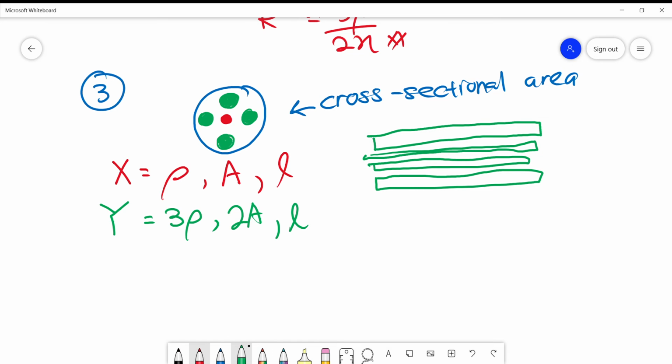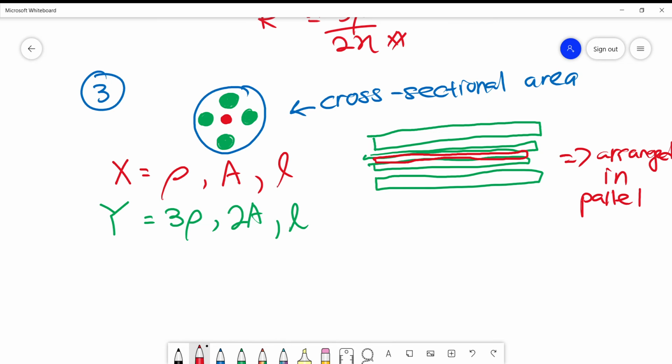Basically the red wire lies in the center. This red wire is surrounded by these four wires. So from this side, I can see that all of the wires are arranged in parallel.